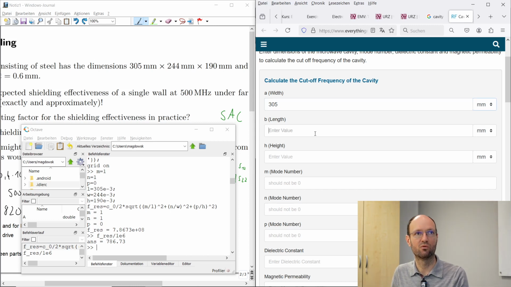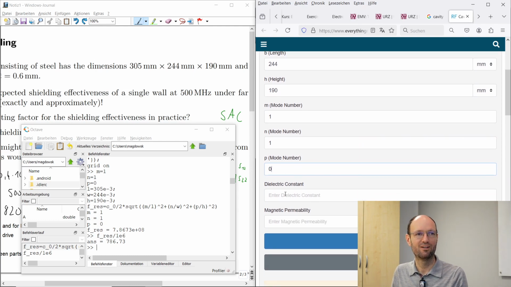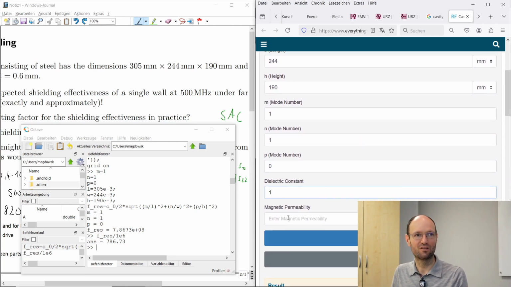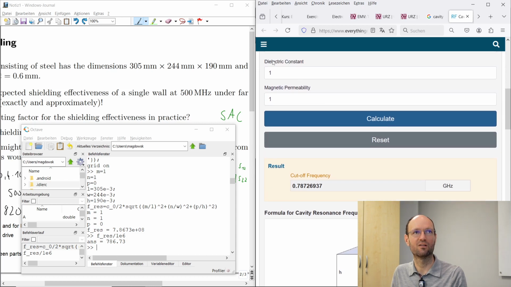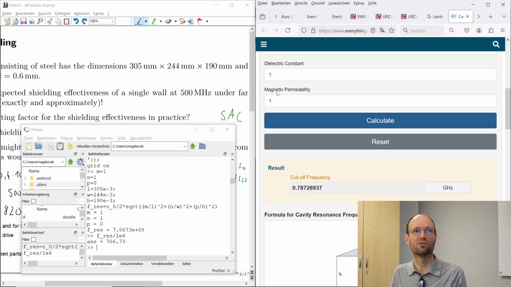So we can check 244, 190, 110, even if it says should not be 0, but we set it to 0. And let's say if we set this to 1 and 1, what do we get? Okay, we get the right thing. So this is just the relative dielectric constant, relative permeability in this case.